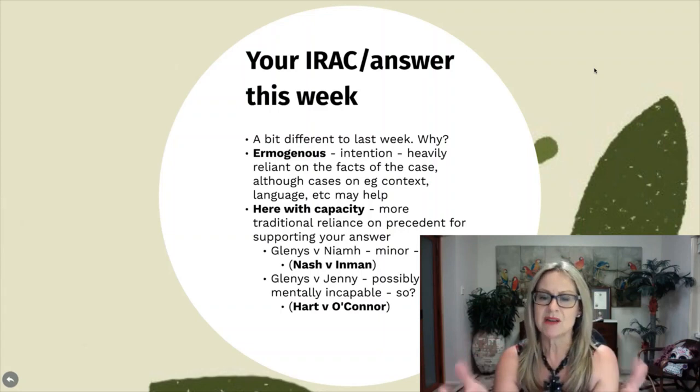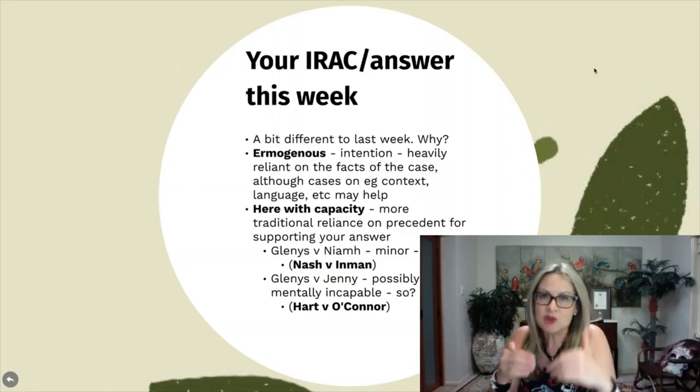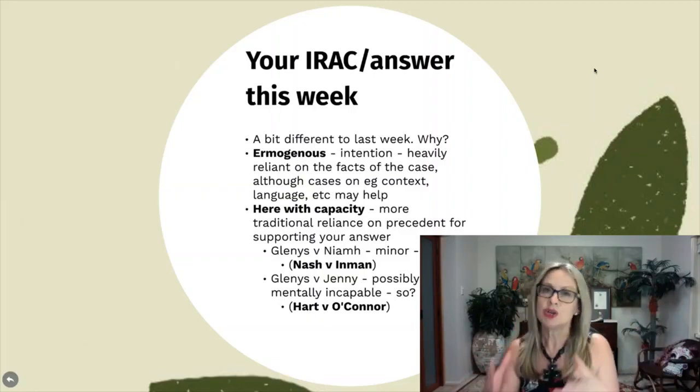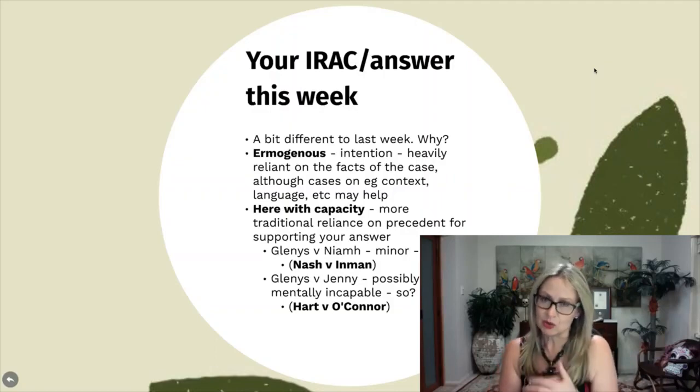So when you're looking at that problem, have a look at the cases of Nash and Inman and Hart and O'Connor, and see if you can weave your IRAC together using argument from the facts in those cases to strengthen your case.